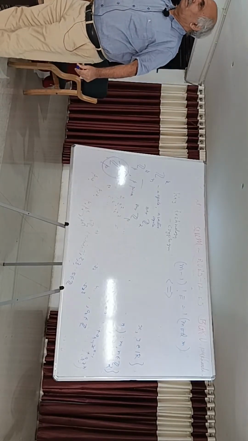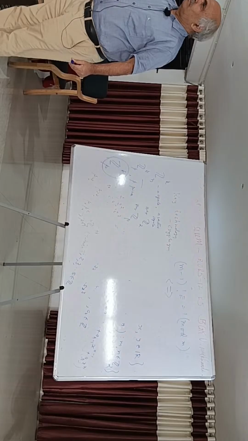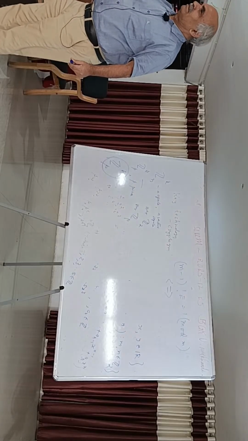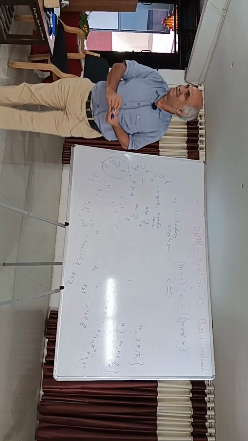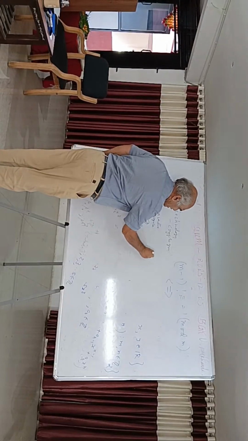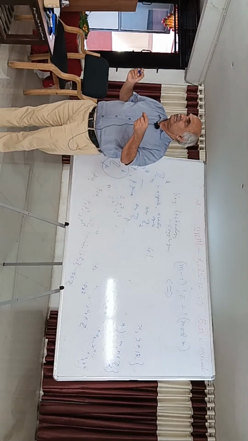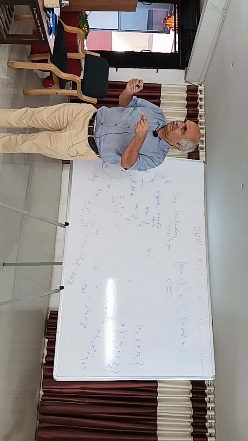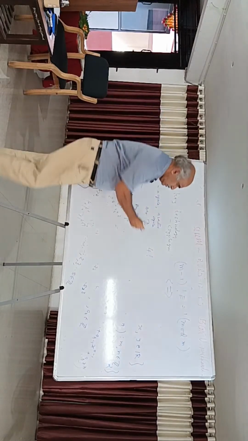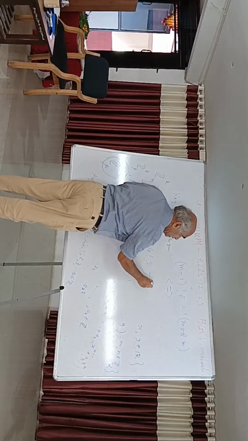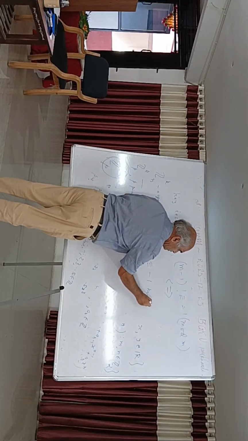For example, you take 5. 5 is prime. 4 factorial congruent to minus 1 mod 5. Check it.